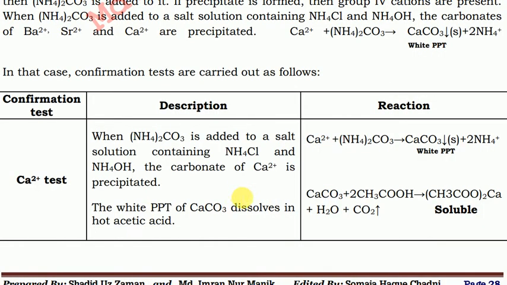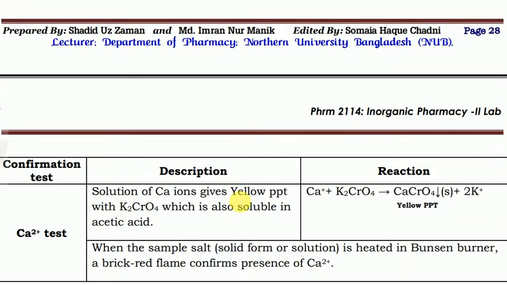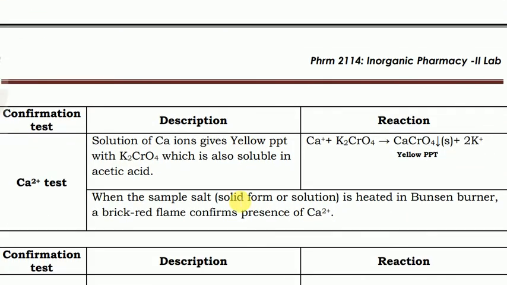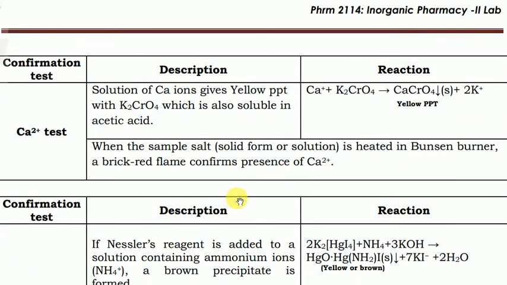Now let's move on to another cation which belongs to group 5 cations. Calcium has another test we didn't perform in the lab. Calcium can also be detected by the flame test.